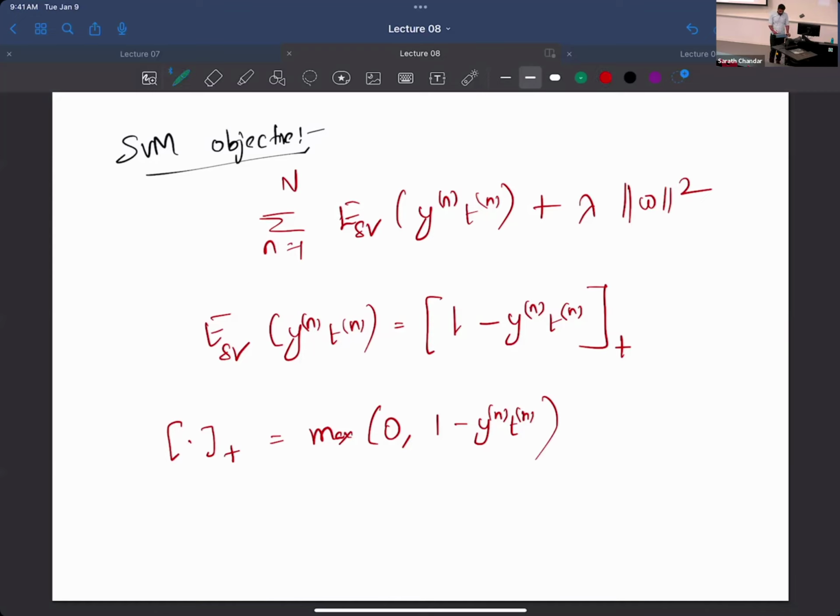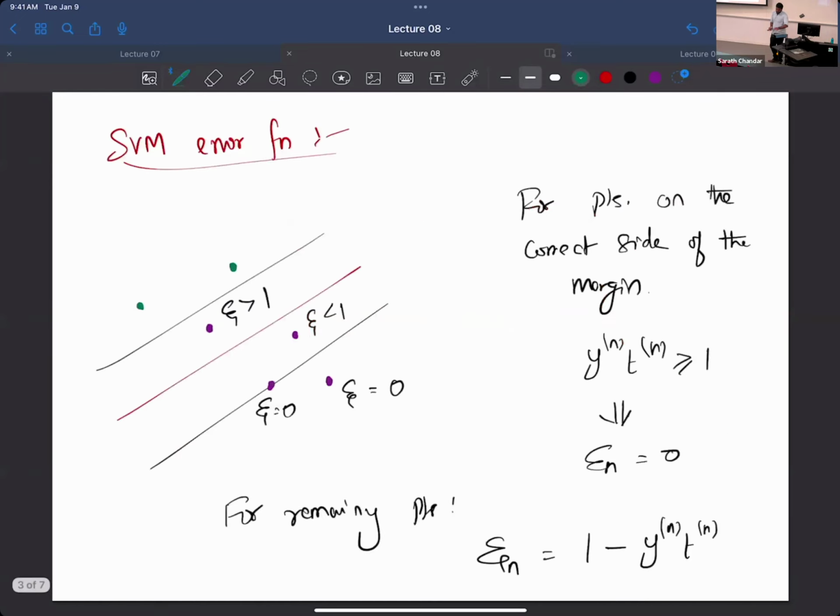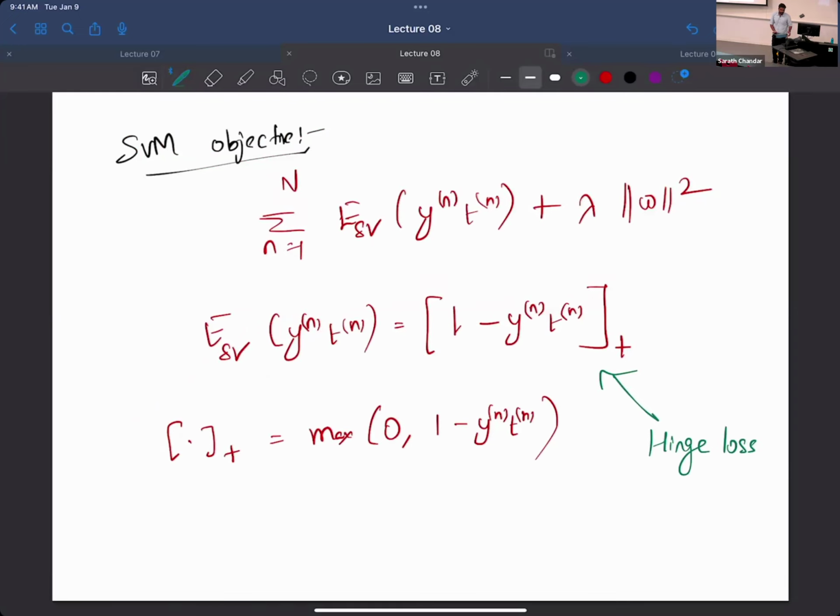This loss actually has a name: it is called hinge loss. Hinge loss is 0 whenever things are correctly classified. Whenever things are wrongly classified, the loss is 1 minus y of n t of n. So I want to minimize this as much as possible. Is that clear? Any questions?